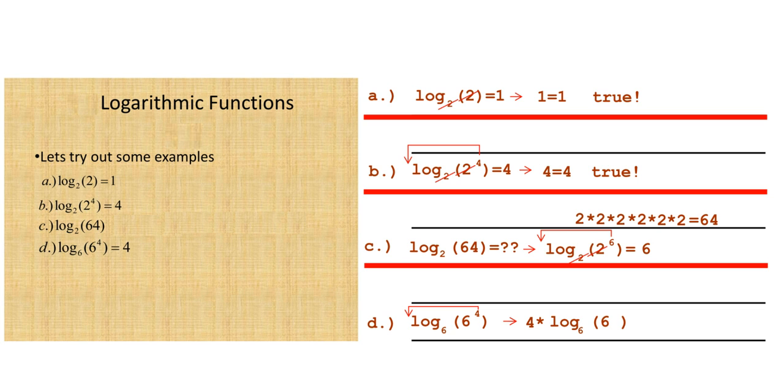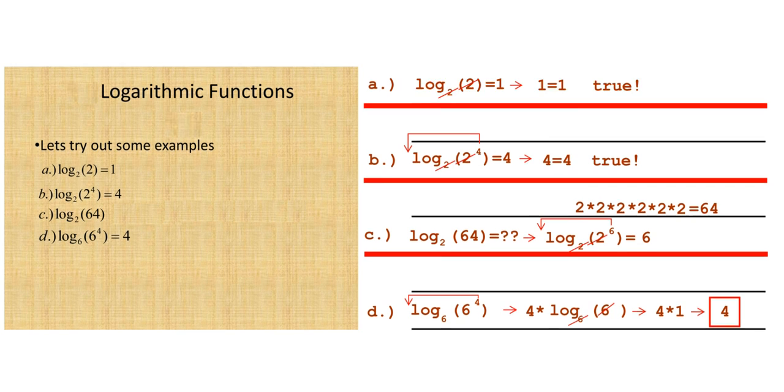But it still would work if you just say it cancels. So 4 times the log base 6 of 6. Notice the 4 came down as a multiplication, right? So the 6 cancel out. Log base 6 of 6 are canceling each other out, giving us just 1. So therefore 4 times 1 is just 4. And that'll be it. There's our answer. So, this is fine and dandy, right?